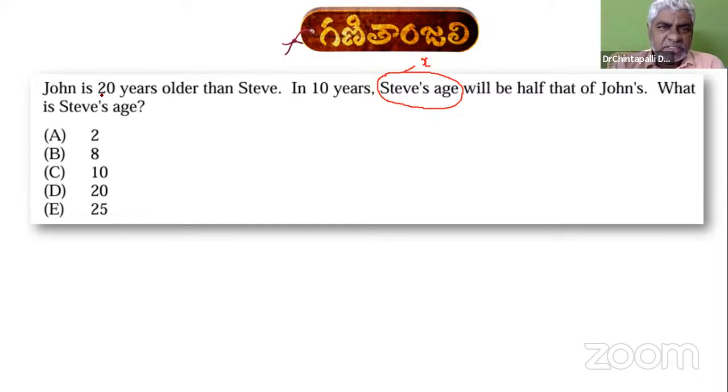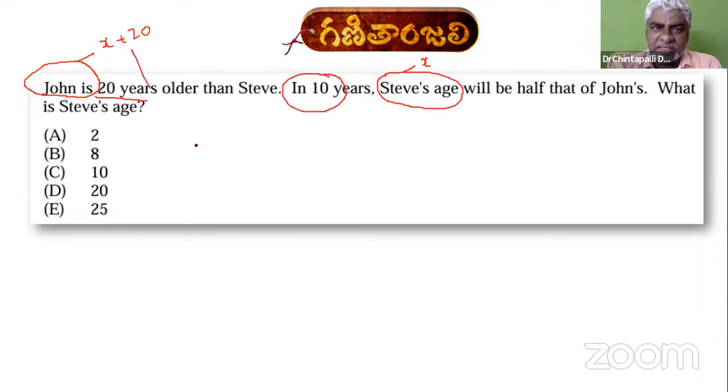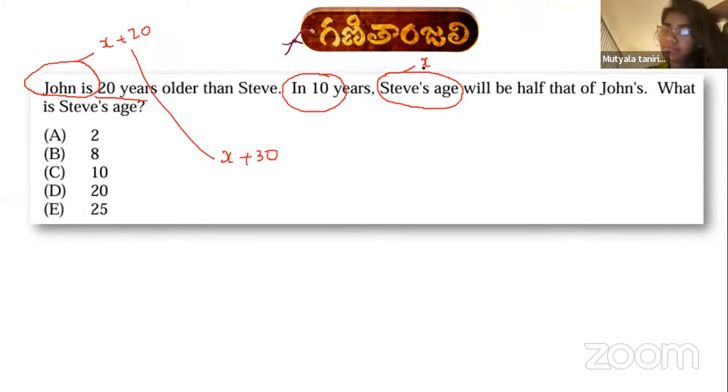John is 20 years older than Steve, so John's age will be X plus 20. In 10 years, that means after 10 years, John's age will be X plus 30. After 10 years, Steve's age will be X plus 10.